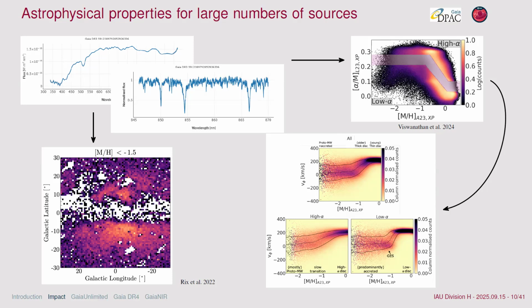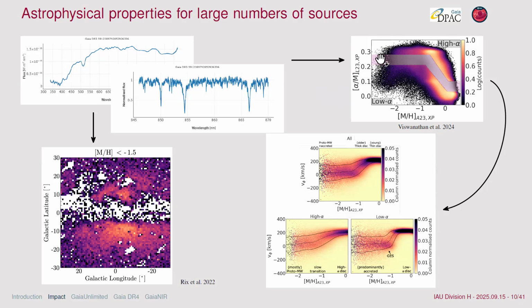So you're really looking at the remnants of the earliest stages of the formation of our own Milky Way. And this is something that you don't get just by having the astrometry and photometry. You need the astrophysical information to tease this out of the data.